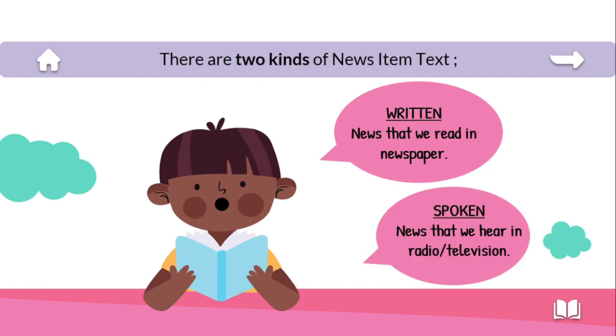Based on the definition above, we can infer that there are two kinds of news item text. The first is written form and the second is spoken form. News item text in written form is news that we read in newspaper, social media, or e-paper. And spoken form is news that we hear on radio, television, or live broadcast.